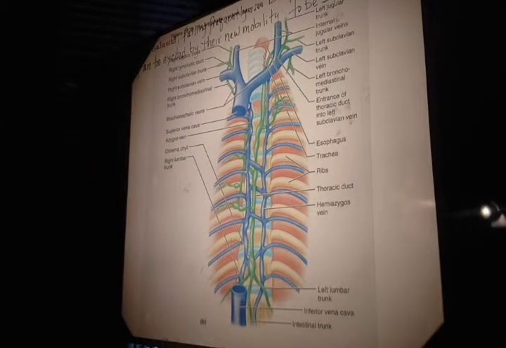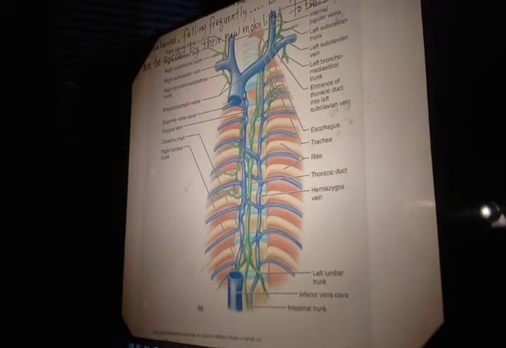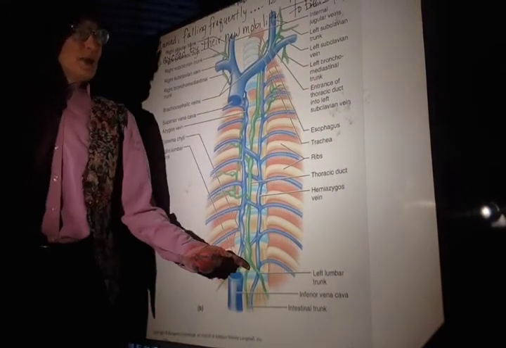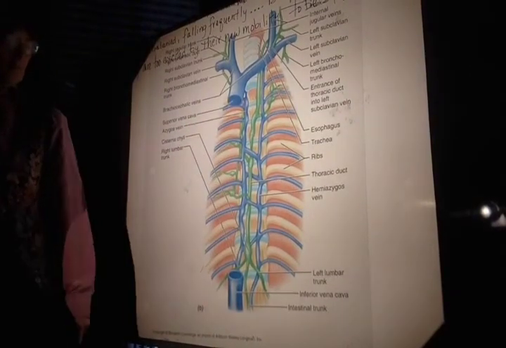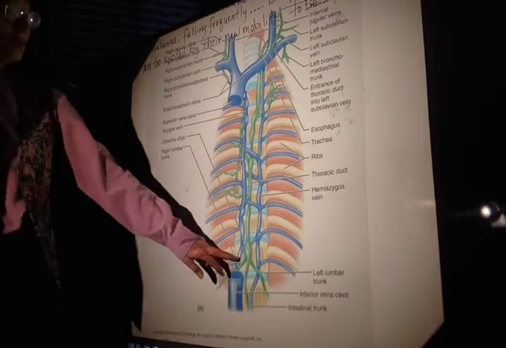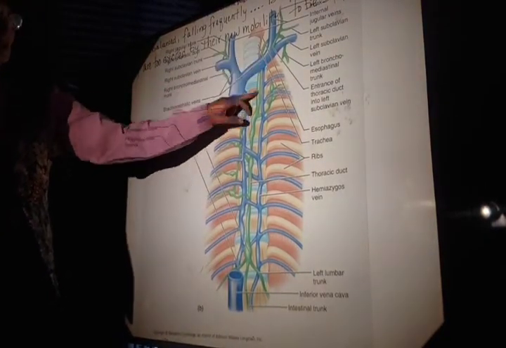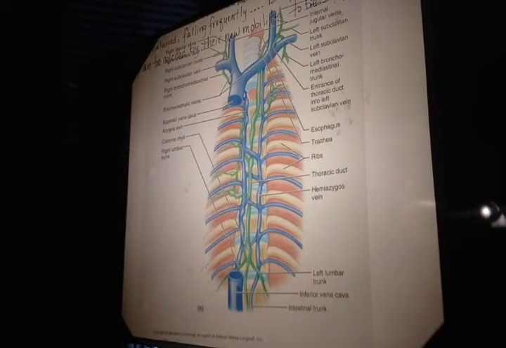Eventually, the lymph from the lower portion of the body joins a big, huge lymph trunk that runs in the back of the thoracic cavity. You have a big lymph trunk called the thoracic duct. That's this whole thing here that runs in the back of the thoracic cavity, back down close to the backbone.